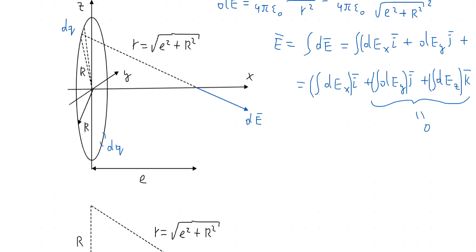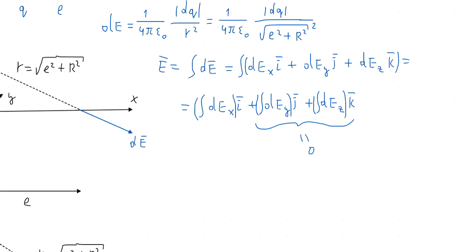So we have that this is equal to integral dEx i. So we have only one projection of the vector.